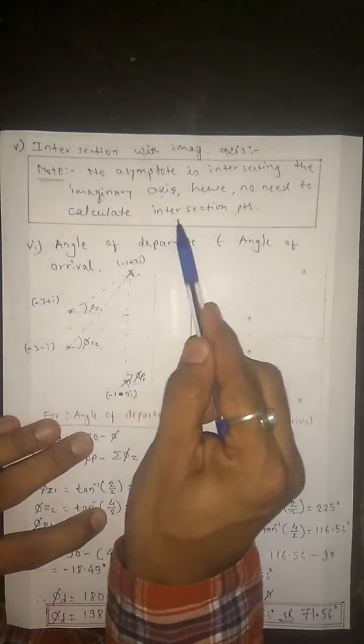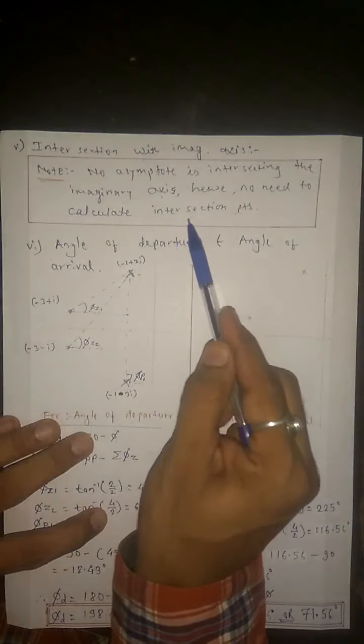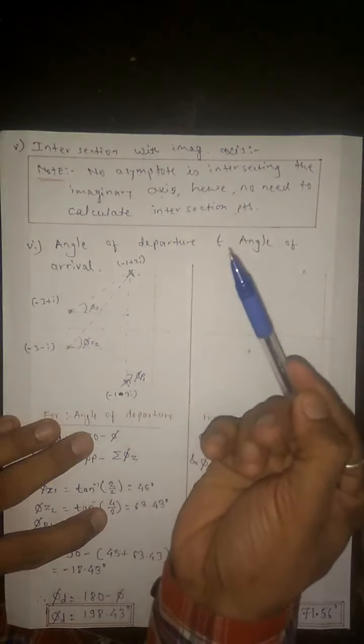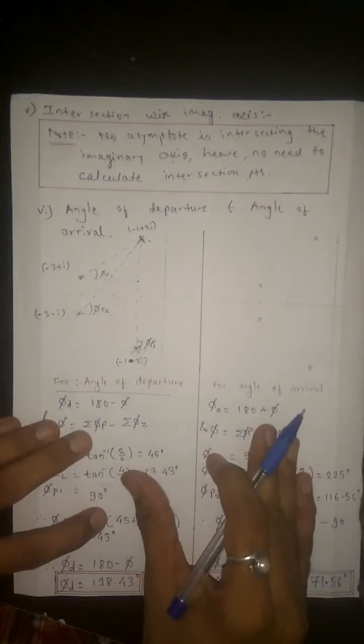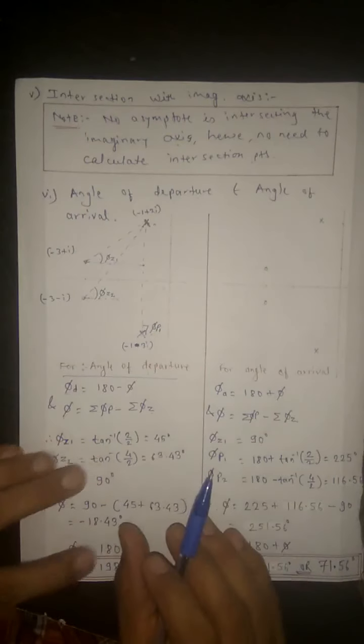As the asymptote is not intersecting, obviously our root locus will not intersect the imaginary axis. Again, you can calculate by going to the characteristic equation, arranging it in complete form, making the array pattern, calculating the value of K marginal, and solving the auxiliary equation to get the roots. Those roots will be invalid.